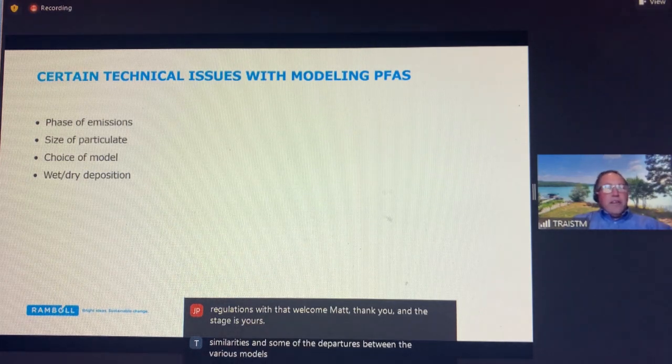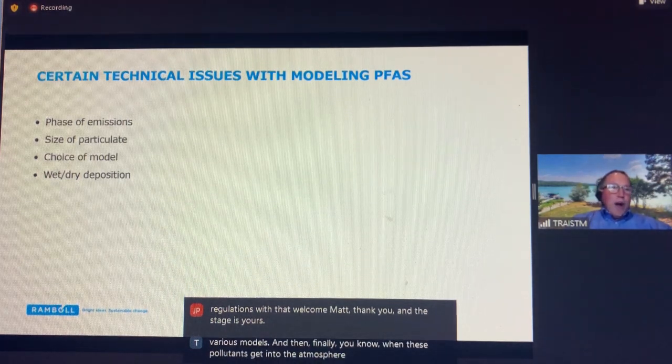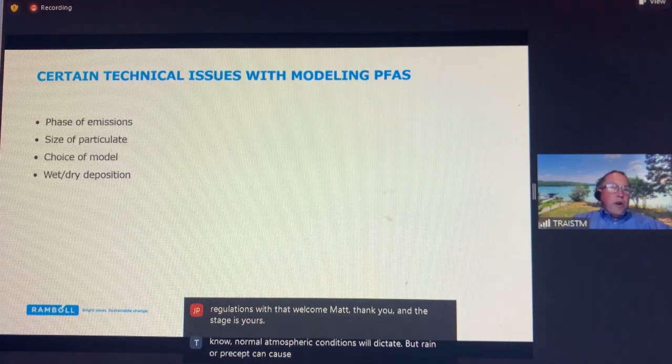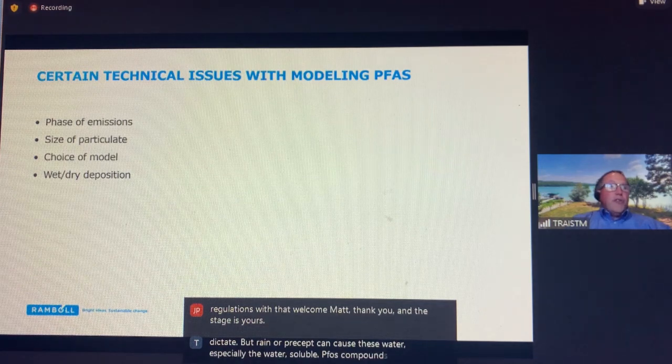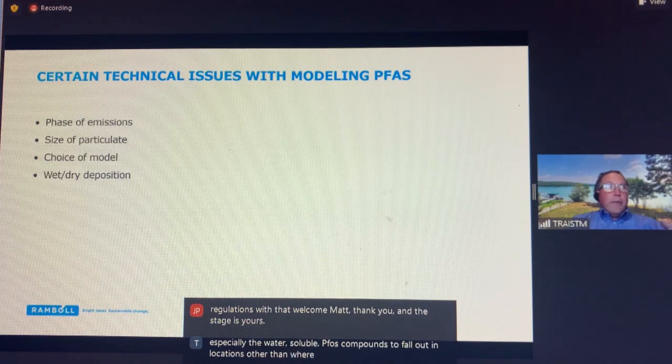And then finally, when these pollutants get into the atmosphere, if it's a dry day, normal atmospheric conditions will dictate, but rain or precip can cause these water, especially the water-soluble PFAS compounds, to fall out in locations other than where momentum or buoyancy would otherwise take them. So that's an important consideration too.